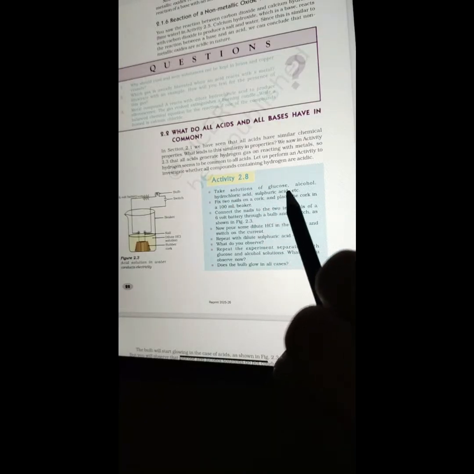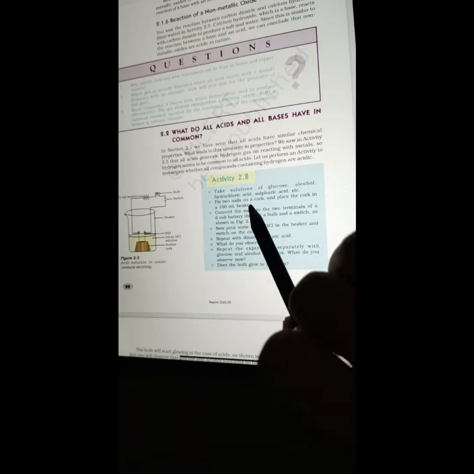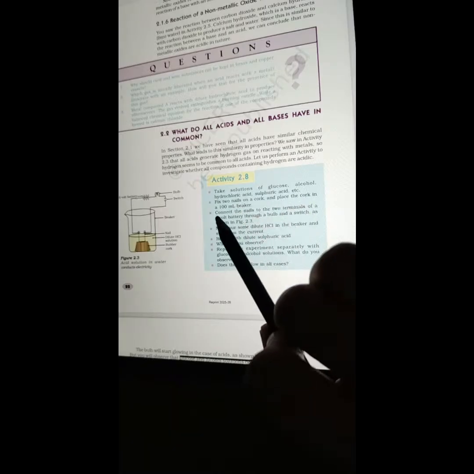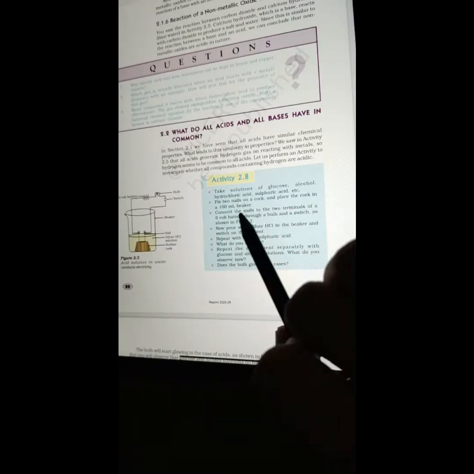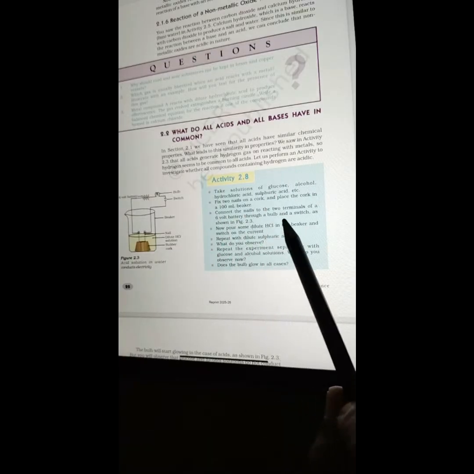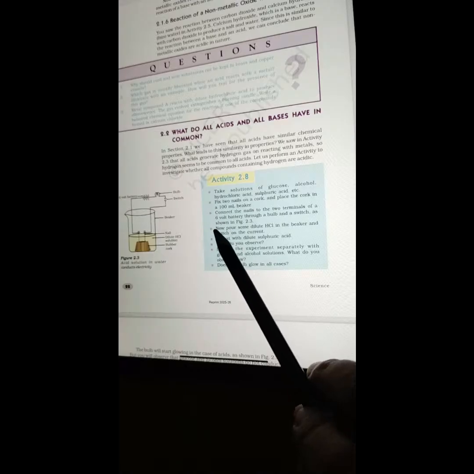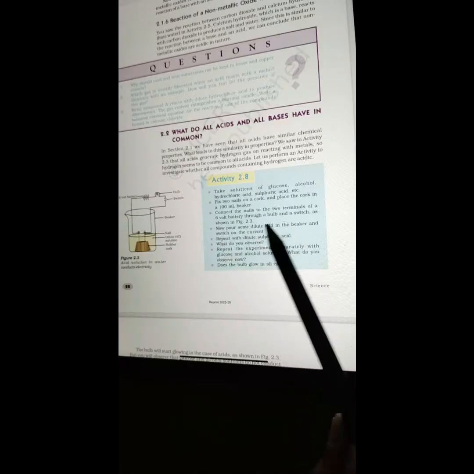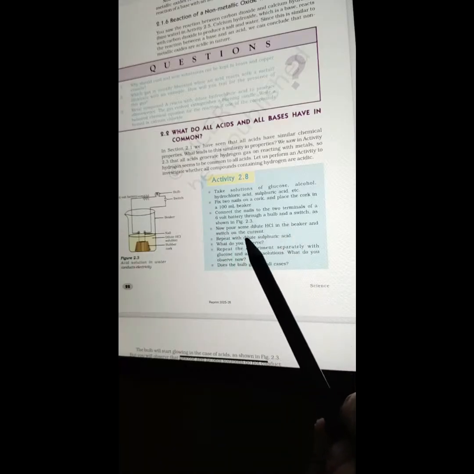Activity 2.8. Take solutions of glucose, alcohol, hydrochloric acid, sulfuric acid, etc. Fix two nails on a cork and place the cork in a 100 ml beaker. Connect the nails to the two terminals of a 6-volt battery through a bulb and a switch as shown in figure 2.3.